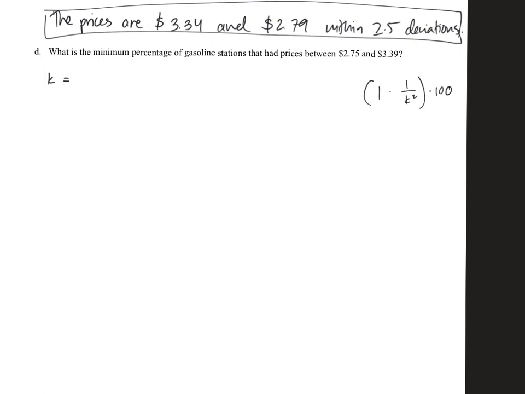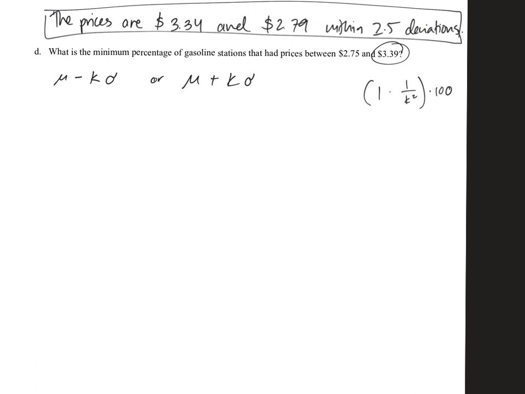We know that mu minus K times sigma, or we could use the version mu plus K times sigma. We could use either one, because we're given both intervals. But I'll go ahead and just use the 3.39. That's going to come from the addition version.